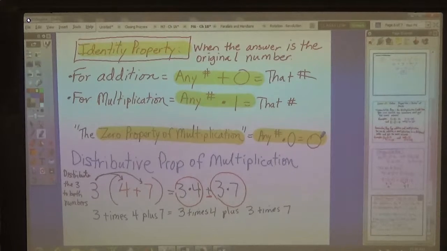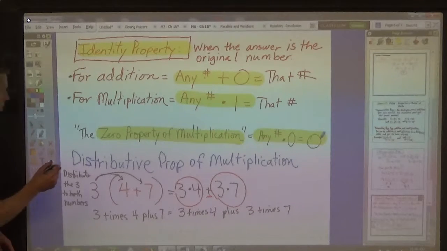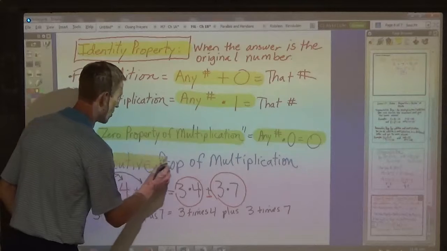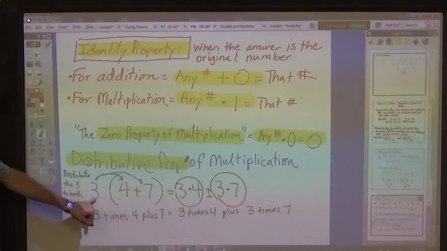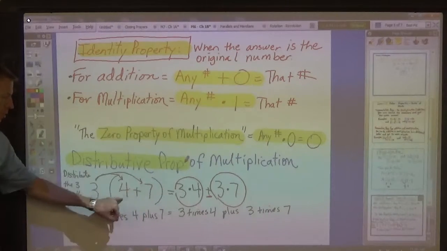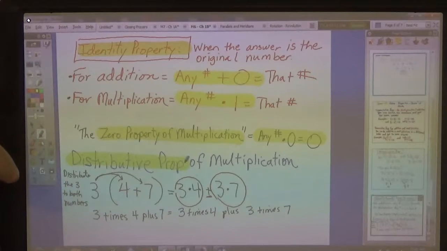And then the last one is called the distributive property. That's a property of multiplication, but it's when multiplication is being applied to numbers in parentheses.